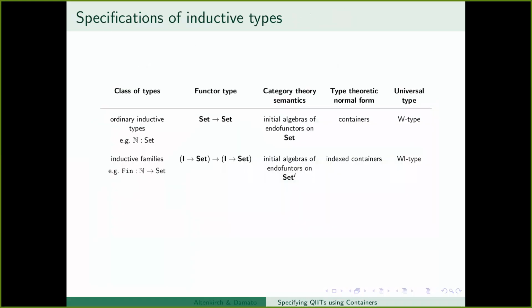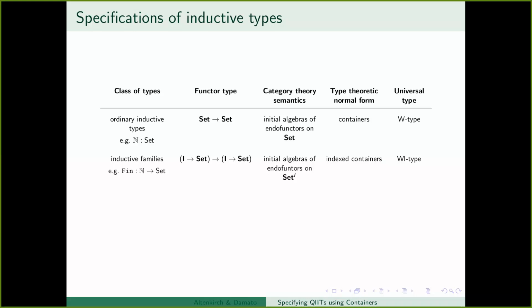So the situation for other classes of inductive types, specifically ordinary inductive types like the natural numbers, lists over A, binary trees, and so on, and also inductive families, like the type of finite sets and vectors. These two classes of inductive types, we have a very good theoretical understanding of. We know how to represent them via endofunctors, and we know how to talk about them semantically as initial algebras of these endofunctors.